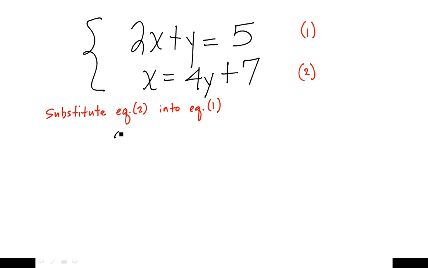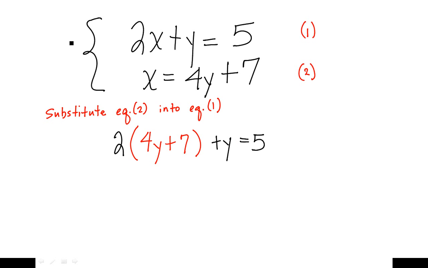We have 2, but instead of writing x, we're going to put a parenthesis. We're going to put 4y plus 7, plus y equals 5. So what did I just do?